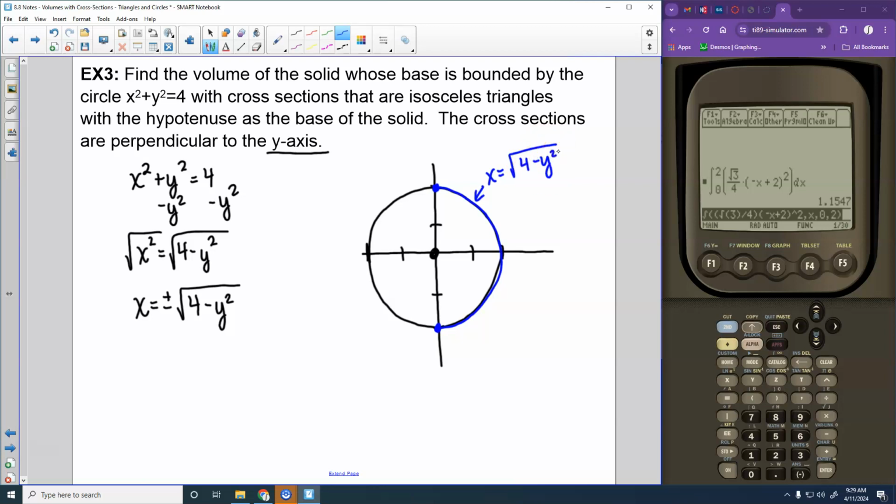It's a semicircle, the positive half, because if you plug in numbers here, you're going to get a positive x coordinate, so it's the right side. If we did it in terms of x, the positive would be the top half, and the negative would be the bottom half. I'm sorry, this is in terms of y. And then this half right here is the equation x equals negative square root of 4 minus y squared.